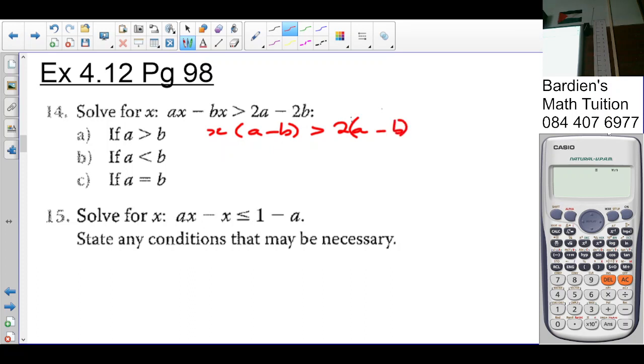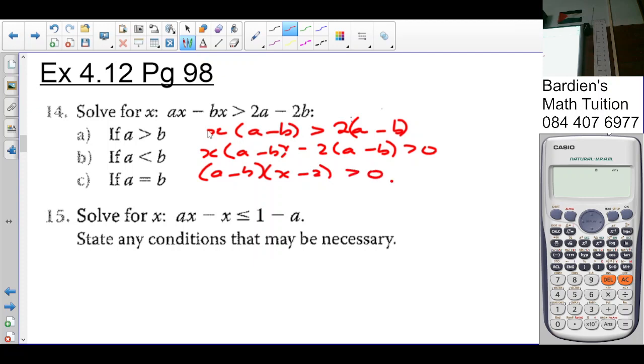Just to bring it over, we can't divide by a variable, because you don't know what a is and b is in terms of negative and positive. So we took out a minus b as a common factor, and I'm left with x minus 2 is greater than 0.